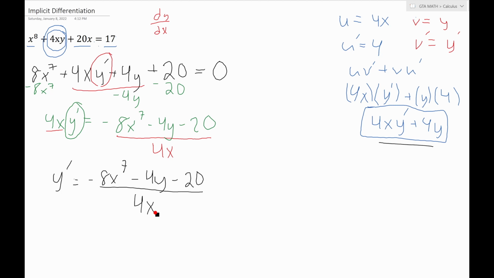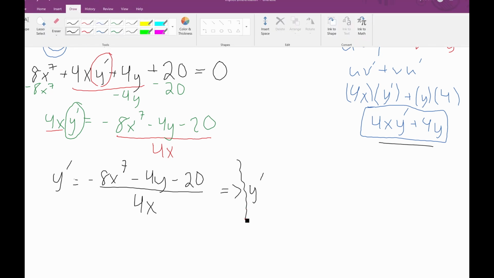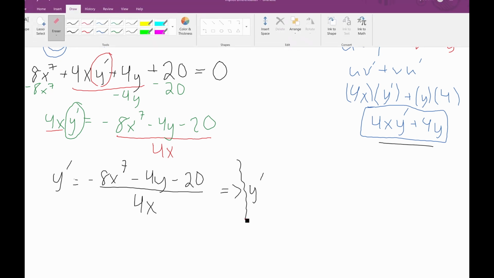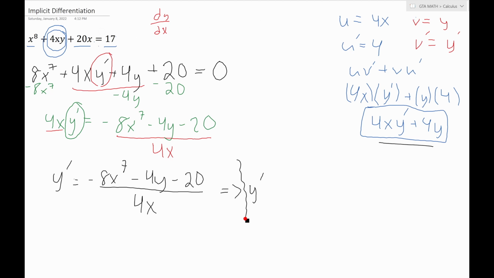Since we had this problem, we can actually factor out a 4. So I'm going to continue this problem this way. I'm going to draw a squiggly line so you know. We say y prime equals, we take a 4 out of each term on the top, which is this 8, 4, and this 20.